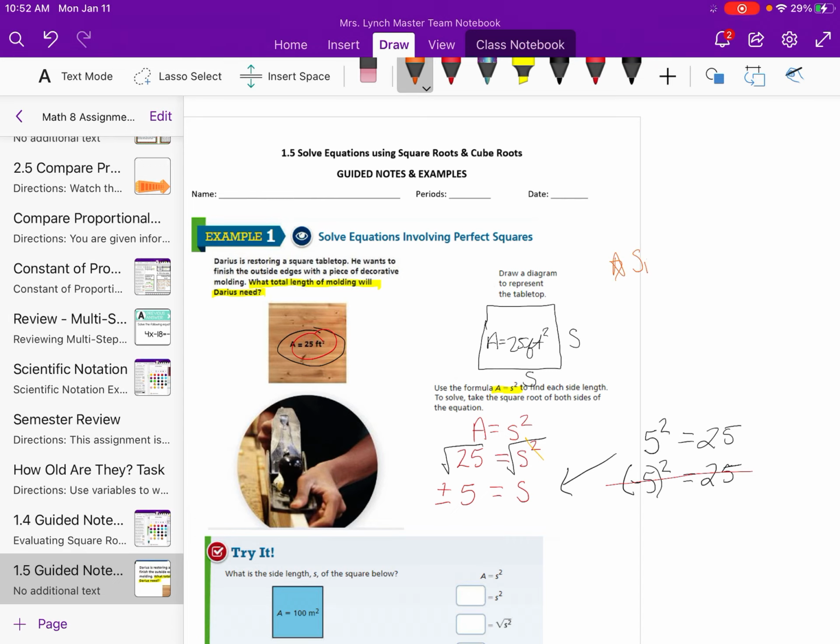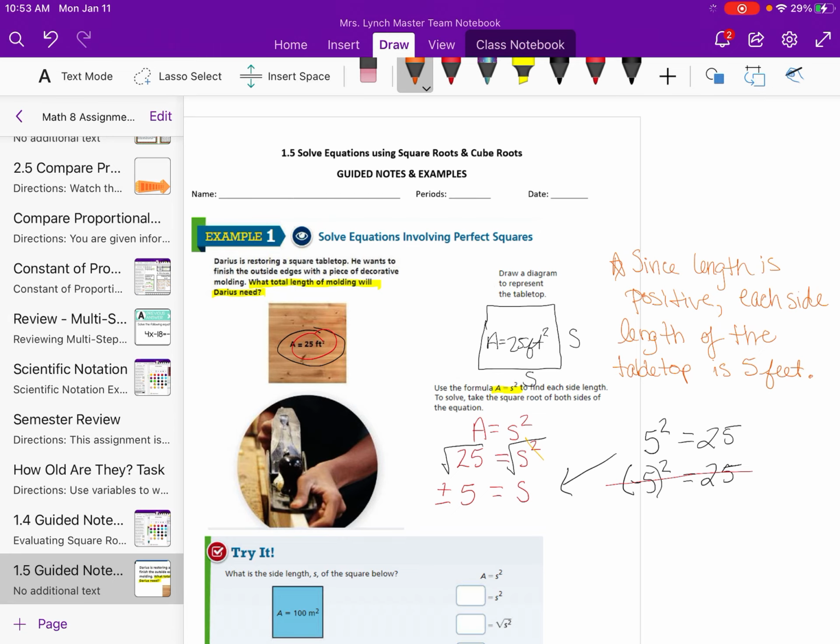So since length is positive, each side length of the tabletop is 5 feet.